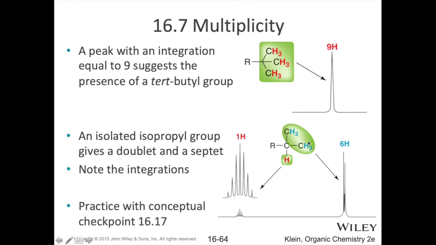The 6 hydrogens of your 2 methyl groups here are going to be equivalent to each other, and they get split into a doublet by this one hydrogen that's different. Likewise, this one hydrogen is split into a septet by the 6 hydrogens of the 2 methyl groups coming off this carbon. So it's basically a very similar setup. We kind of saw this in that example a few slides ago.